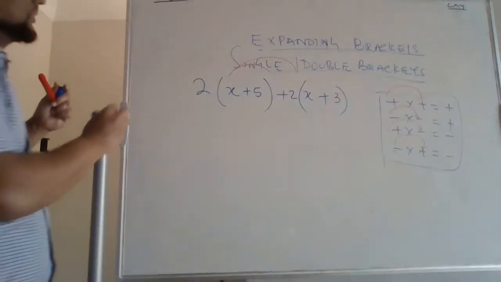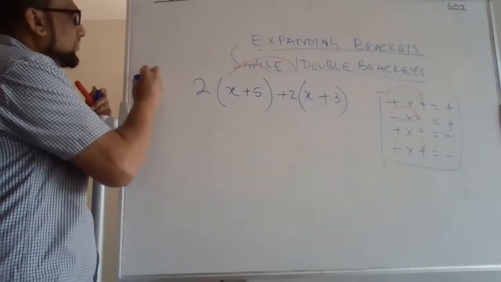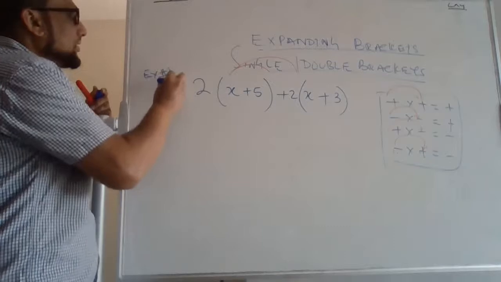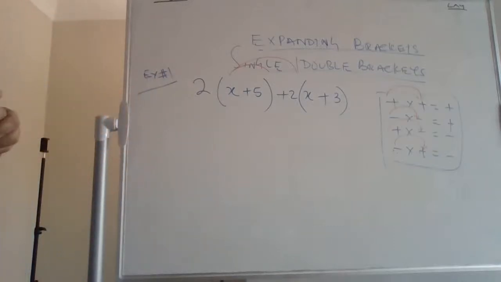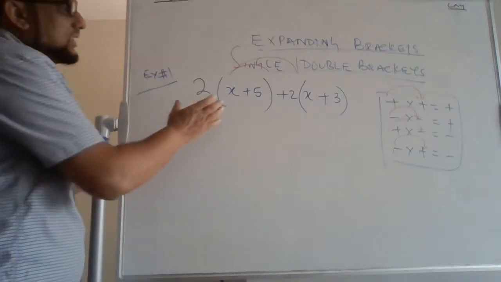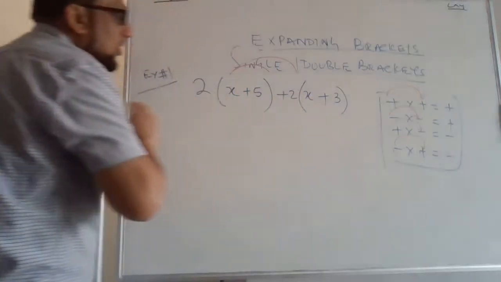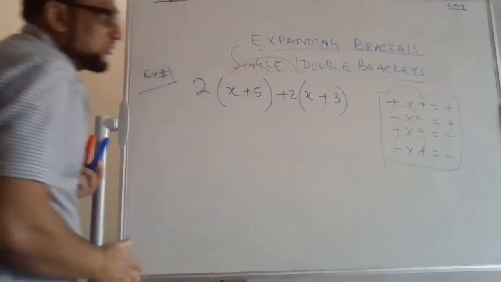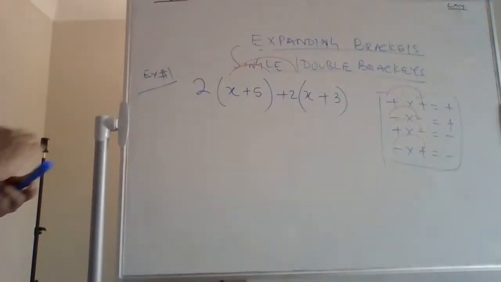In this example, okay, so this is example one for double brackets. So don't be confused, okay? We need to go the same steps which we did in the previous example.